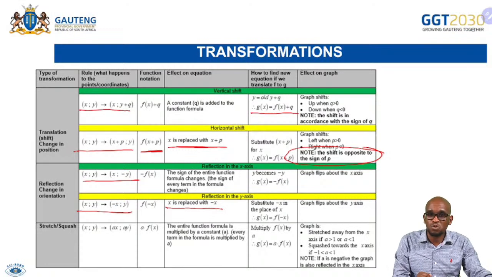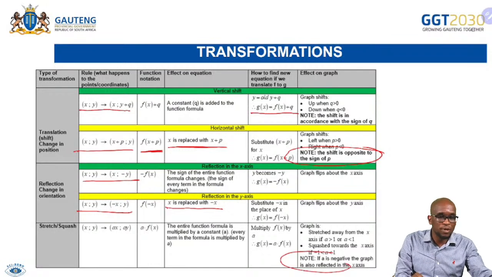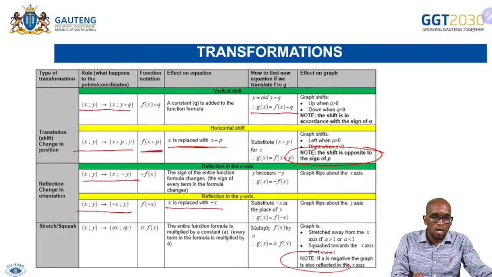But if a is between -1 and 1, you find that the graph is squashed. It's important to note here that the negative will also reflect the graph with respect to the x-axis. Right, now that we've looked at the table that summarizes transformations, let us look at some questions.